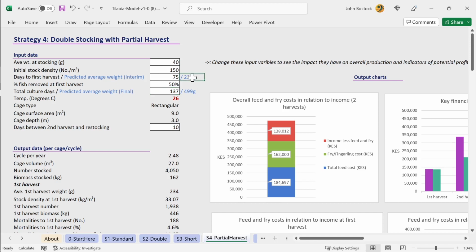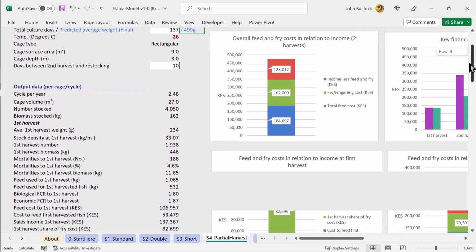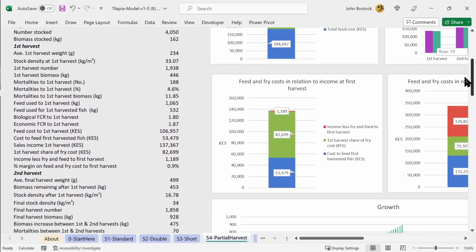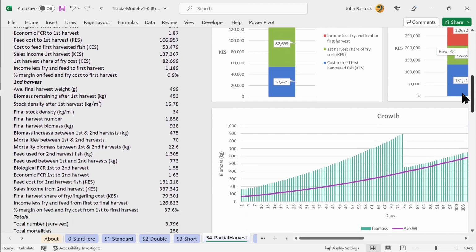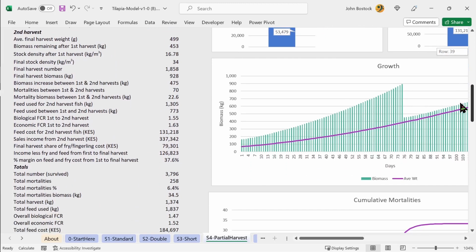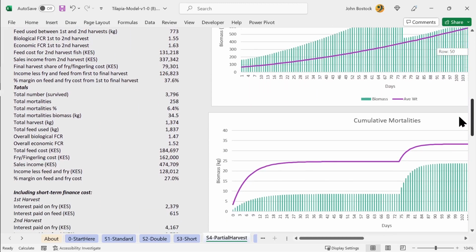As with the other strategies, you can directly monitor the predicted average weight for the number of culture days specified. You can also check the calculated data below for maximum stock density. The calculations are divided into sections for the first harvest, the second harvest, the combined harvest, and then the extrapolated annual totals.